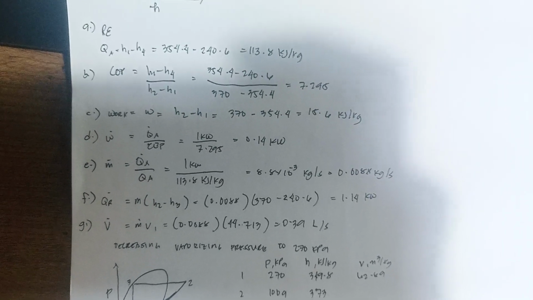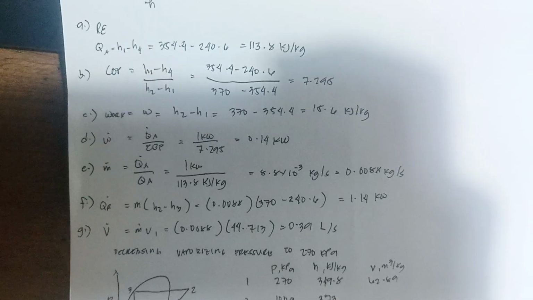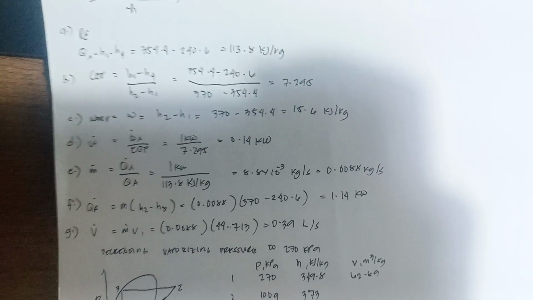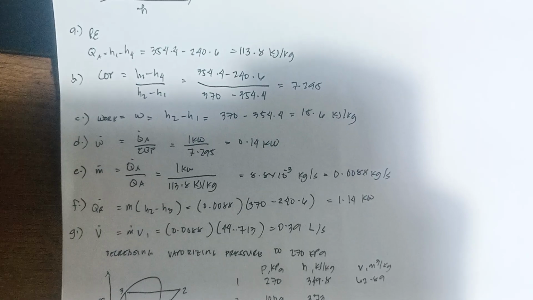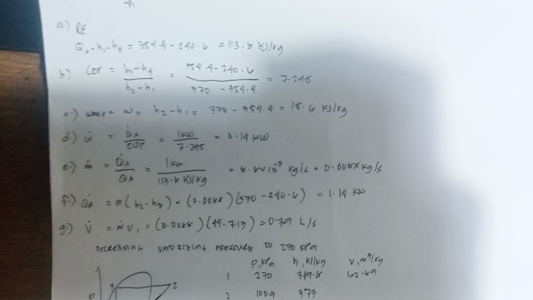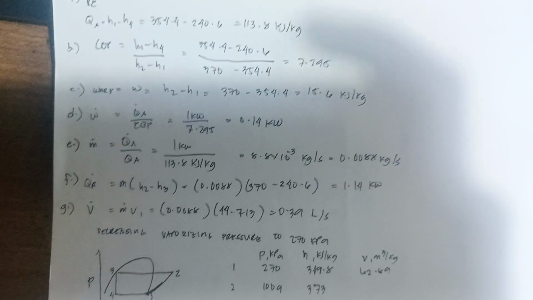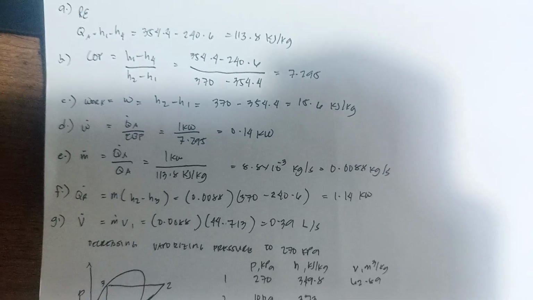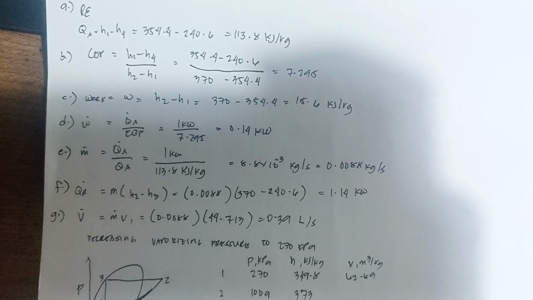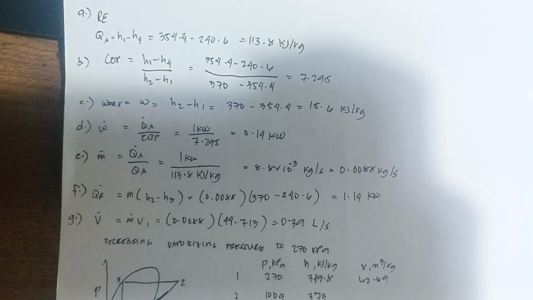So QA over the refrigerating effect, 1 kilowatt over 113.8 kilojoules per kilogram is equal to 0.0088 kilograms per second. For our heat rejected, we are going to use direct substitution of the mass flow rate, which is 0.0088, multiplied by the H2 minus H3 of enthalpy, so 1.14 kilowatts.